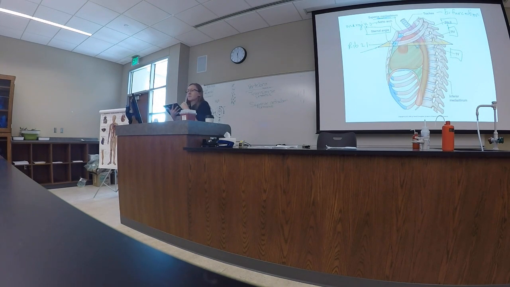That just gives us some reference of what else is going on. In addition, this is the level where the superior vena cava enters the pericardial sac and actually enters the heart.